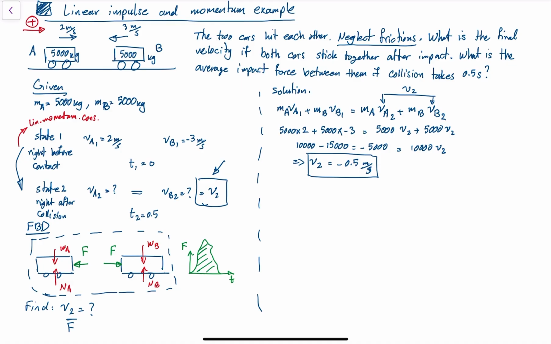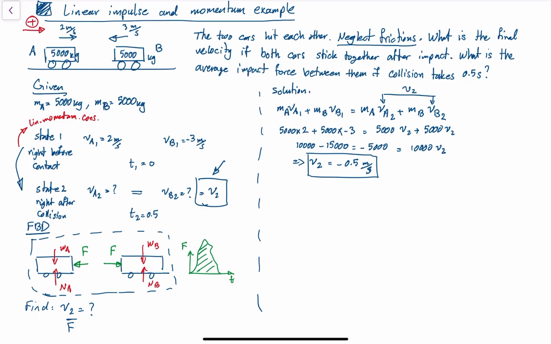This is extremely useful because, for instance, trying to solve this with Newton's equations, we needed the exact force profile of F to calculate the exact acceleration profile, and then integrate this, which was not very practical. So that is one of the powers of linear impulse and momentum, because it allows you to solve problems that are not feasible with other methods.